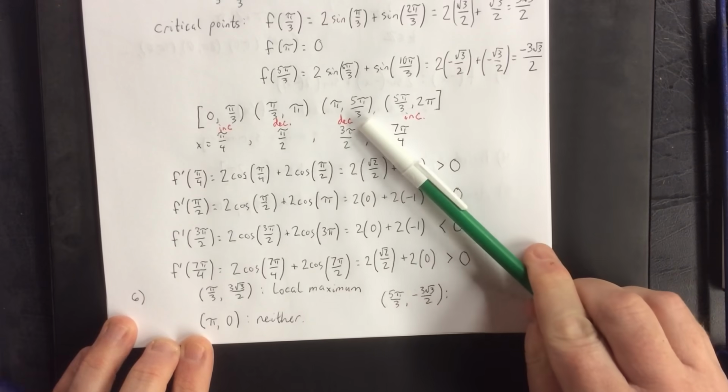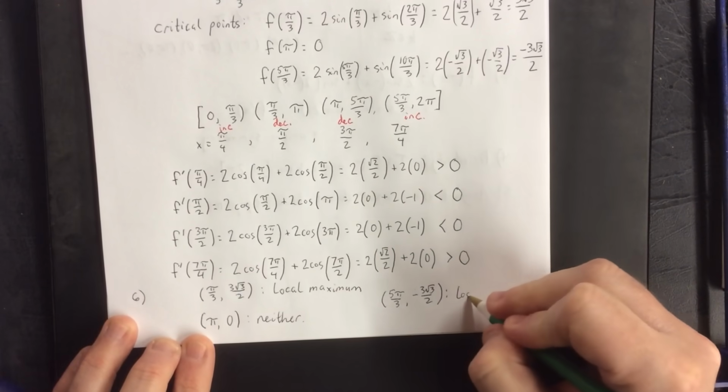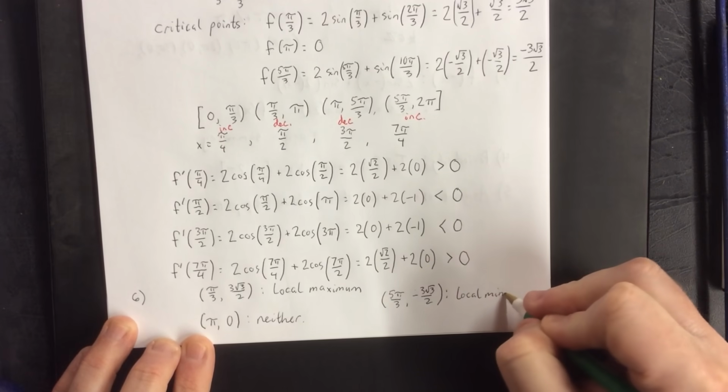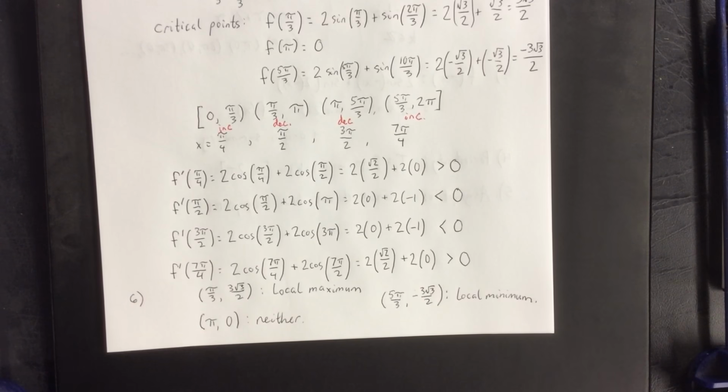At that point, we are changing from decreasing to increasing, which means that we are dealing with a local minimum. Anytime we change from decreasing to increasing, that is a local minimum. So we have now officially classified all of our critical points.